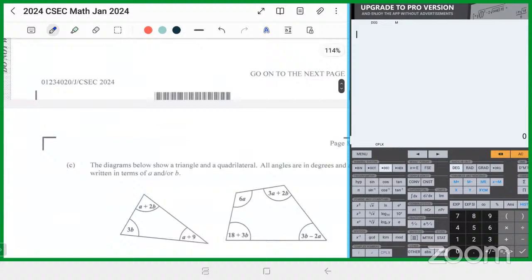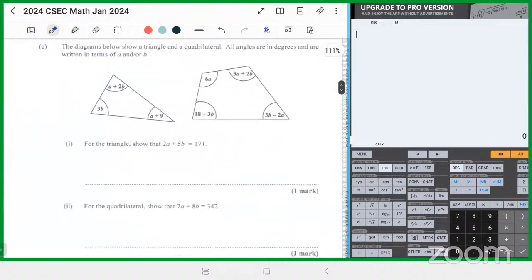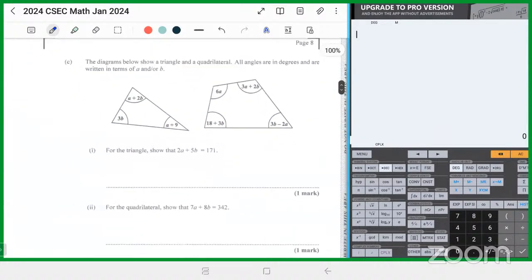That finishes that part. The next part here gives us these diagrams. The diagram below shows a triangle and a quadrilateral. So that's your triangle, that's your quadrilateral. It says all angles are in degrees and are written in terms of a and/or b. So these are the angles and they are all in degrees, all right?